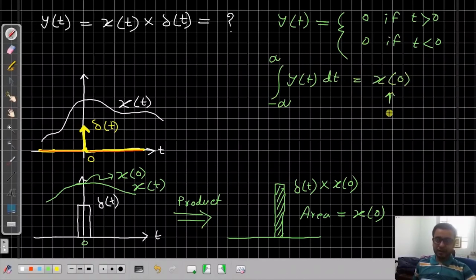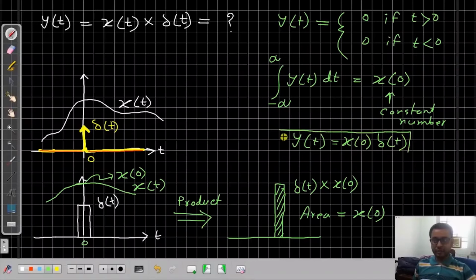This is a constant number, and therefore y(t) is very similar to delta(t), but it is larger than delta(t). So we can say that y(t) is x(0) times delta(t). This is a very important result.